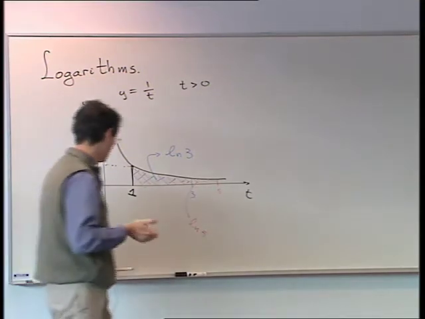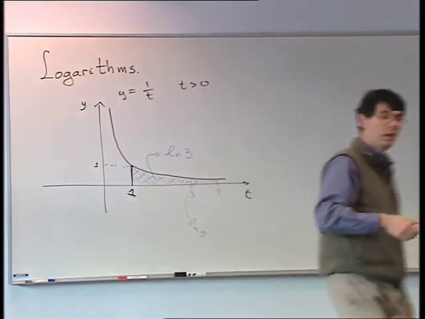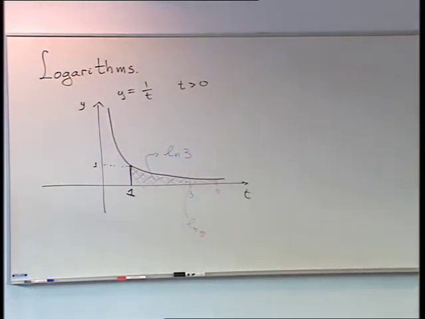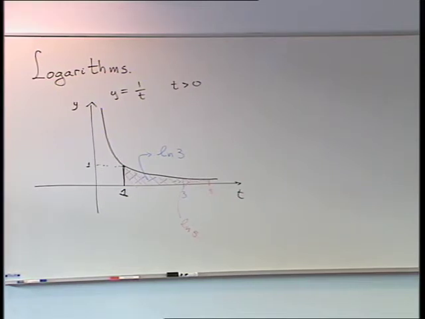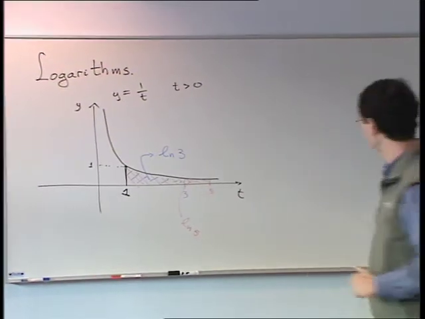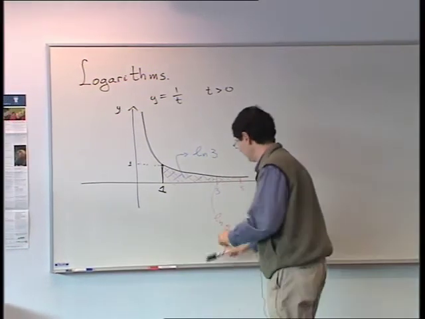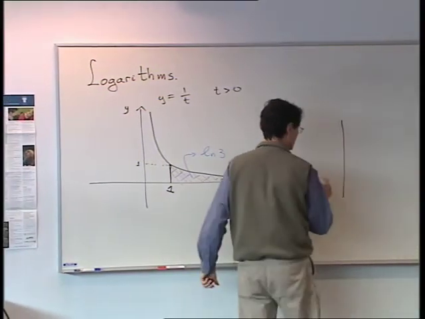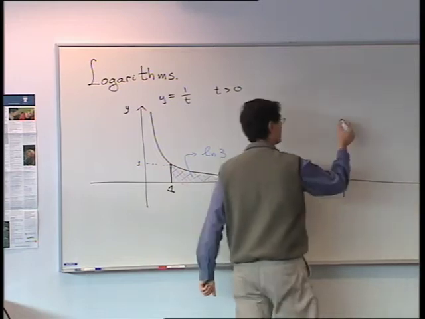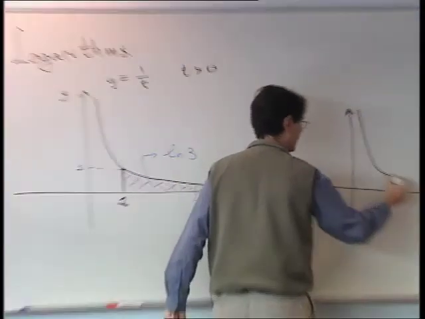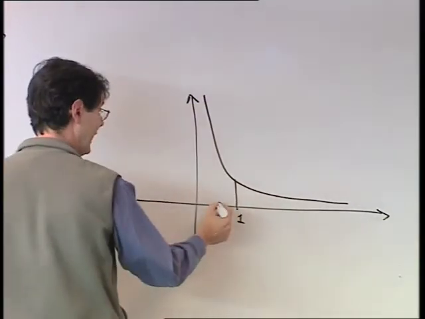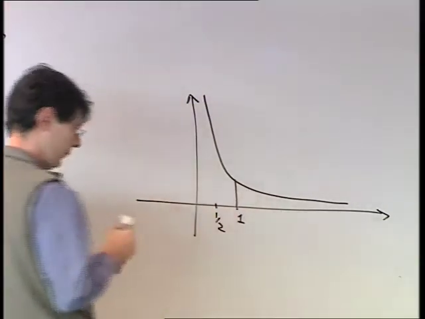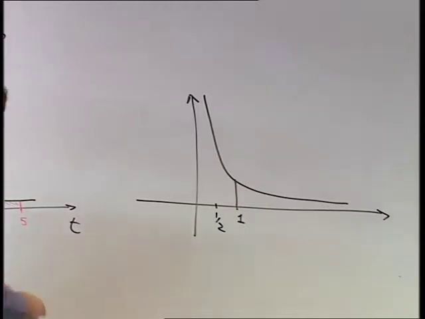Okay? If you had given me a number between 0 and 1, so a number that's smaller than 1, you can still do it. Let's say you give me the number 1/2. You can still do it.